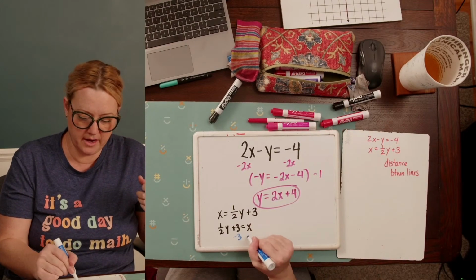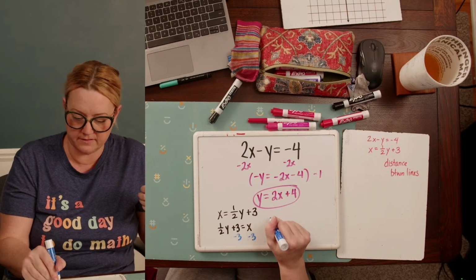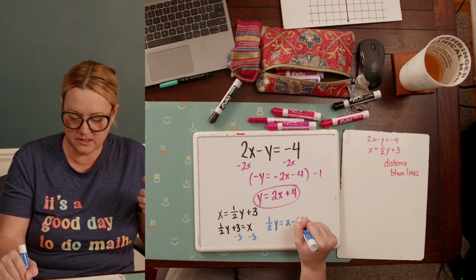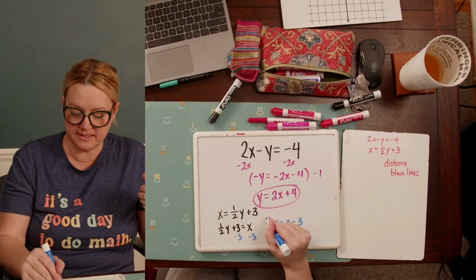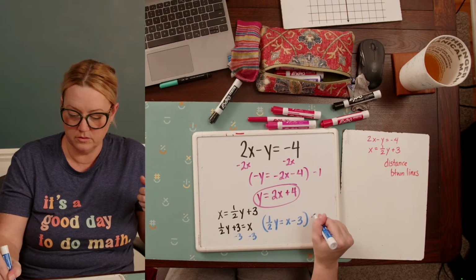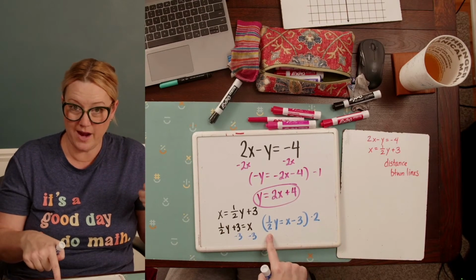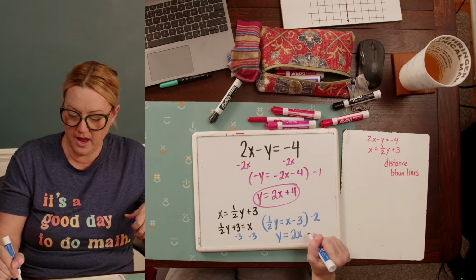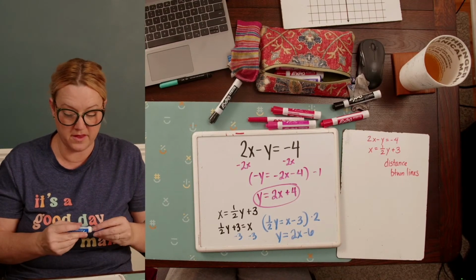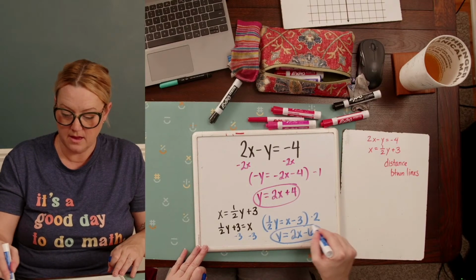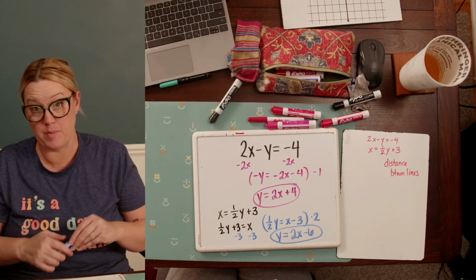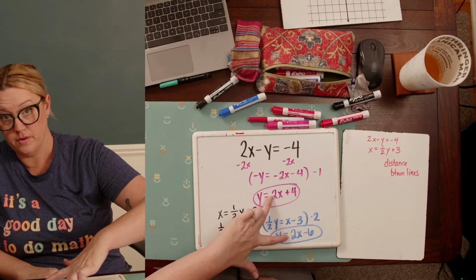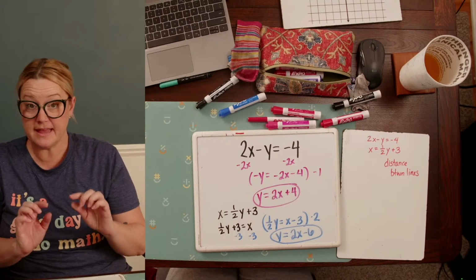Subtract 3, subtract 3. So that gives me 1/2 y equals x minus 3. I want to get that y by itself, so I'm going to multiply everything by 2. Because 2 times 1/2 is 1, so that gives me y equals 2x minus 6. So this way, I can verify that they both have the same slope, right? So that means that they are at least parallel.